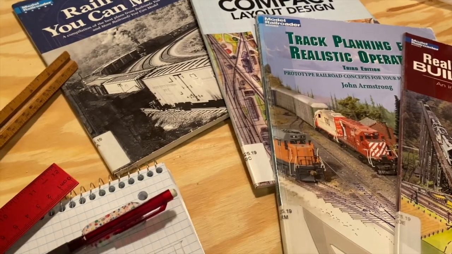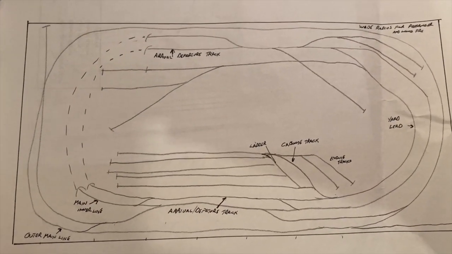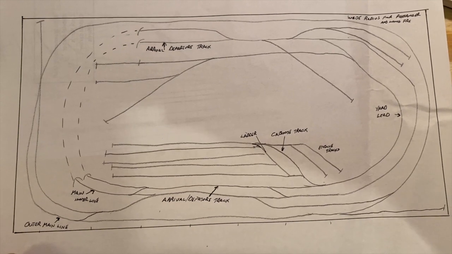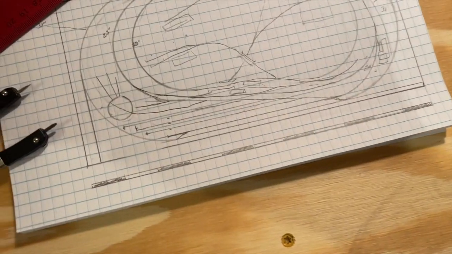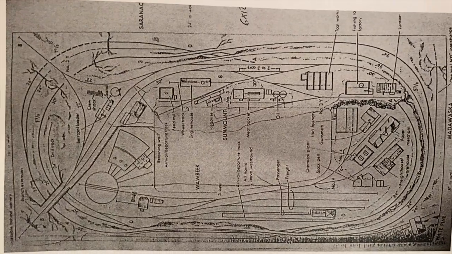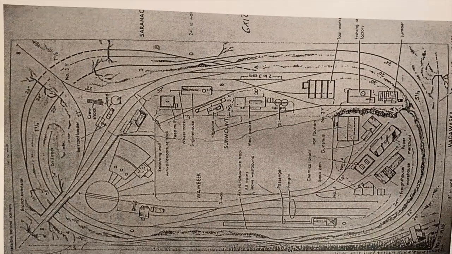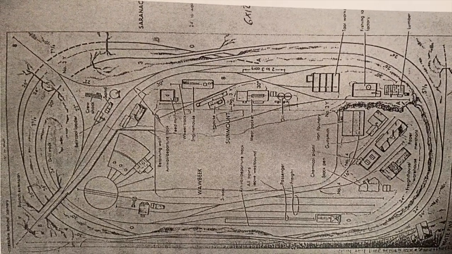I had been working on one layout here, trying to put together what might work. And I have a layout that I found years ago. I made a photocopy of it, but I don't think I have enough room to build this particular layout.